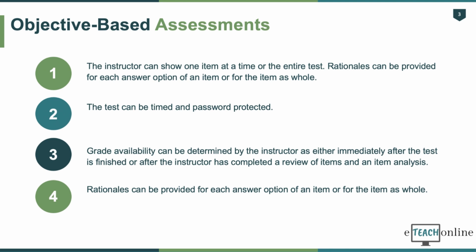Grade availability can be determined by the instructor as either immediately after the test is finished or after the instructor has completed a review of items and an item analysis. Rationales can be provided for each option of an item or for the item as a whole. It's important to mention, however, that instructors should use these types of tests with caution.